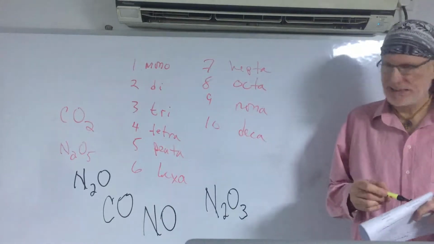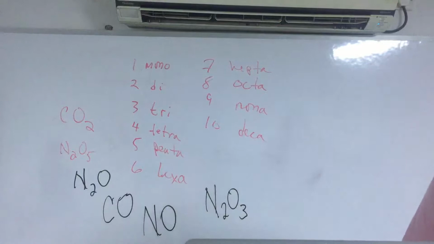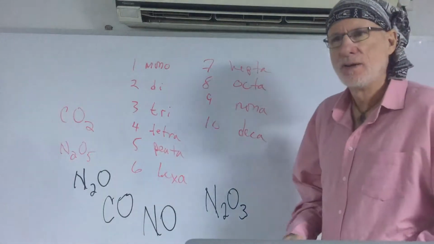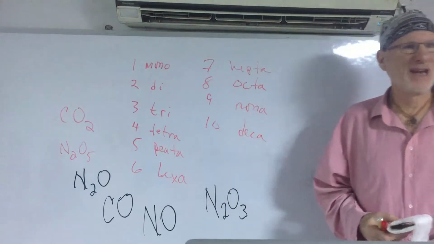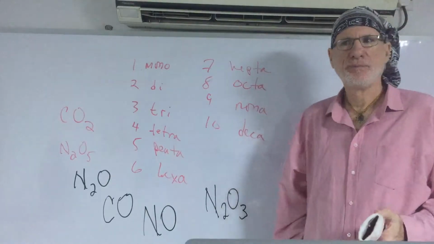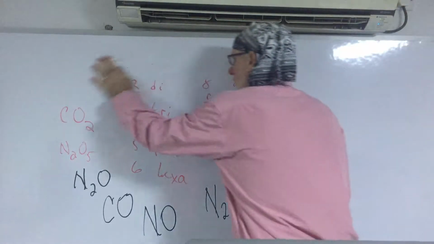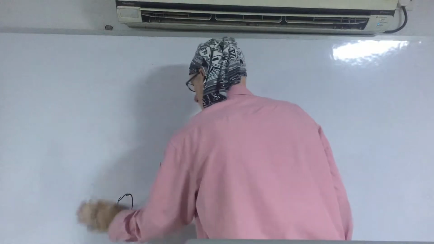Dinitrogen trioxide. Easy? Not hard, right? So you have to know that. I think that is one of the more user-friendly ways of naming compounds. Wouldn't you agree?